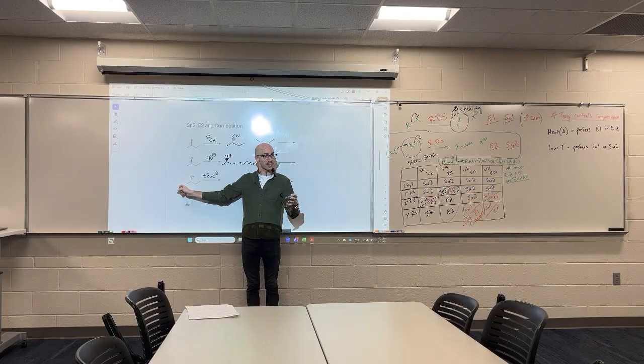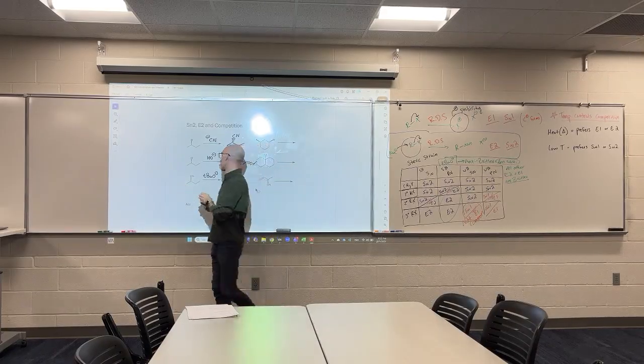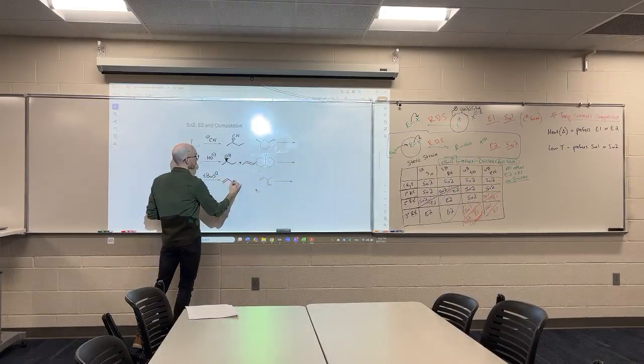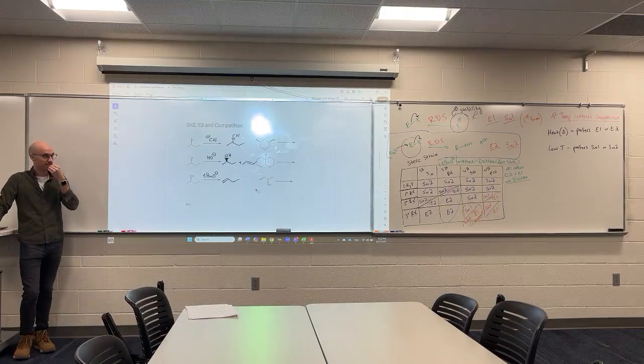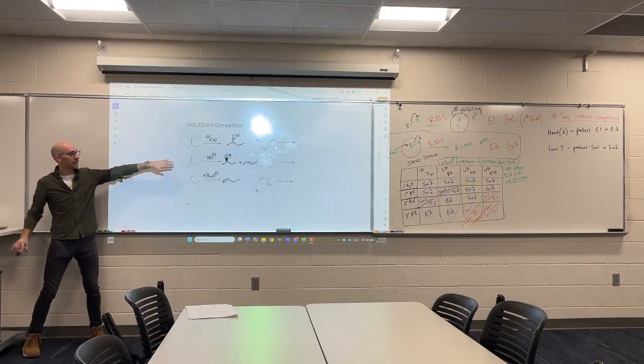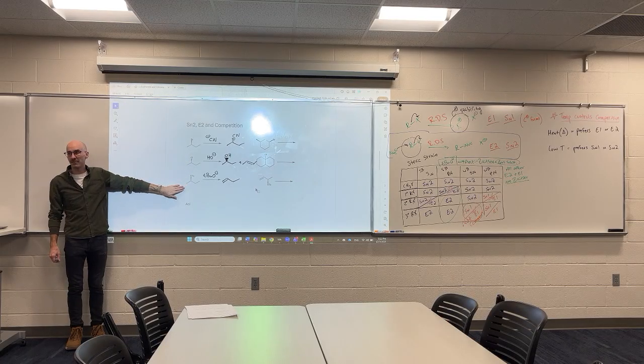That's a less substituted carbon. That's a less stable alkene but less steric strain. Zaitsev E2 elimination with hydroxide, anti-Zaitsev E2 elimination with tert-butoxide.